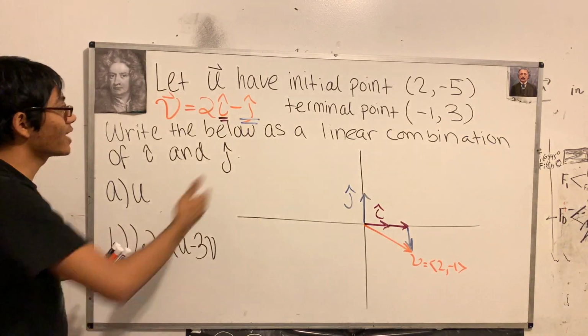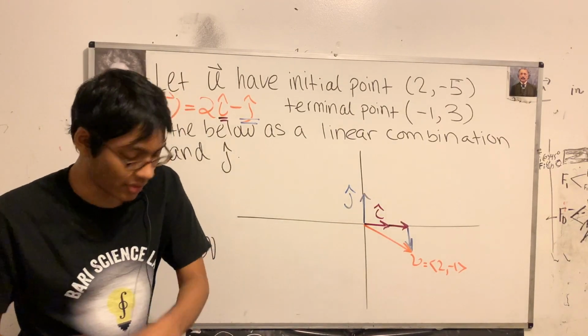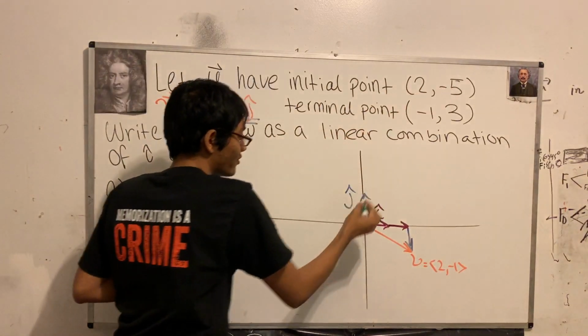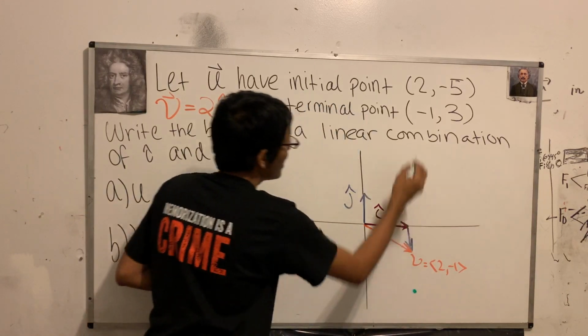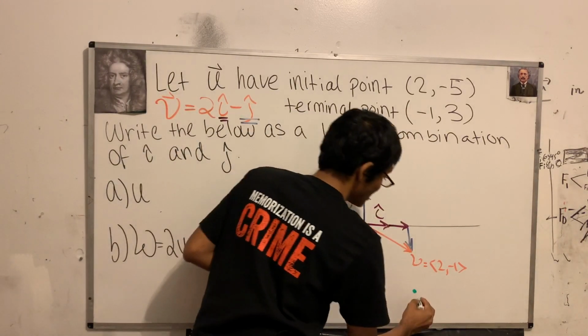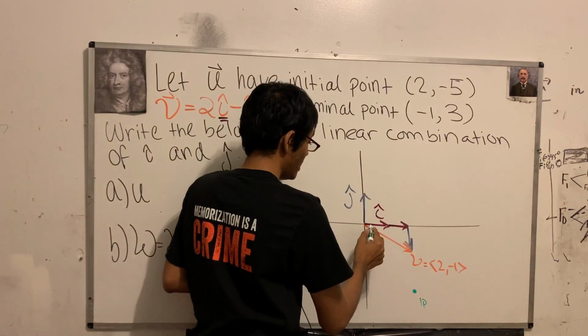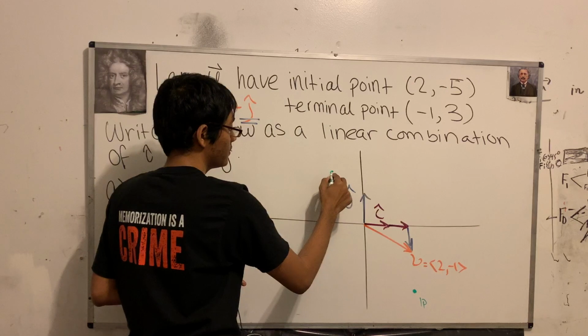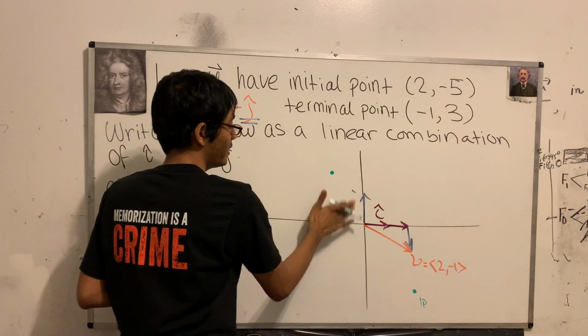Okay, and my second vector, u, has an initial point, let's use green for this one, at (2, -5), so that's somewhere here, and a final point at (-1, 3). Wow, that's gonna be a toughie to draw, but I think I can draw it.